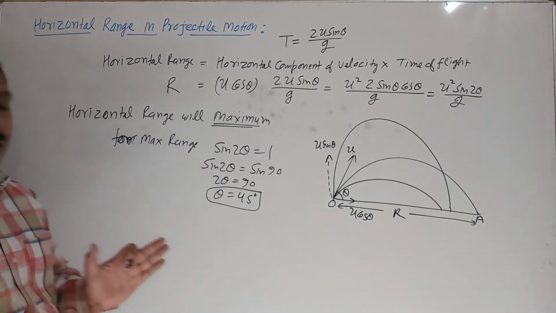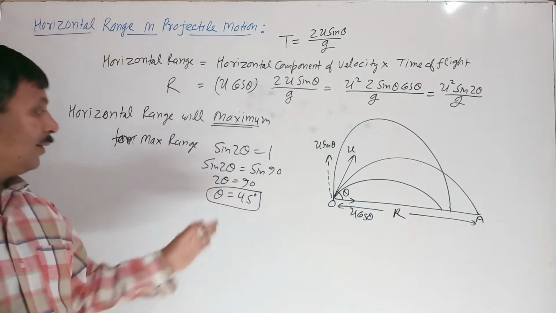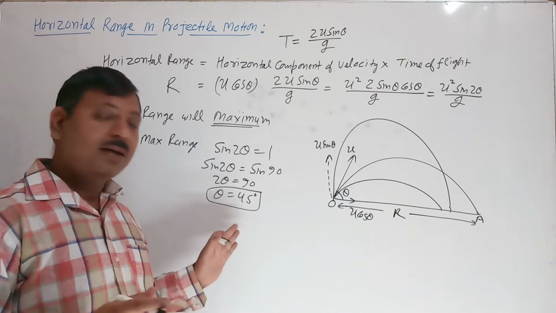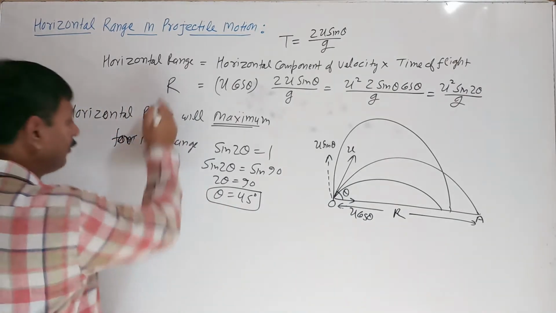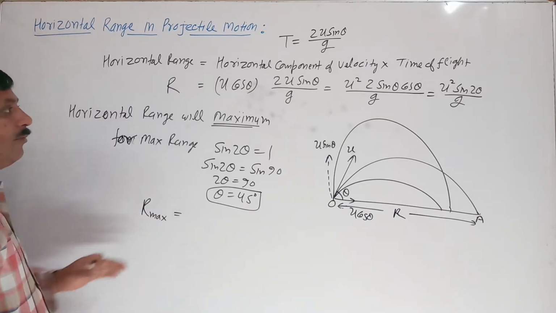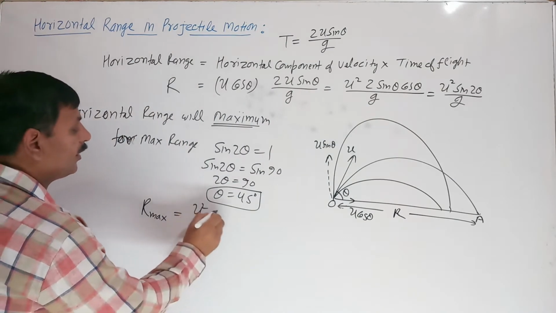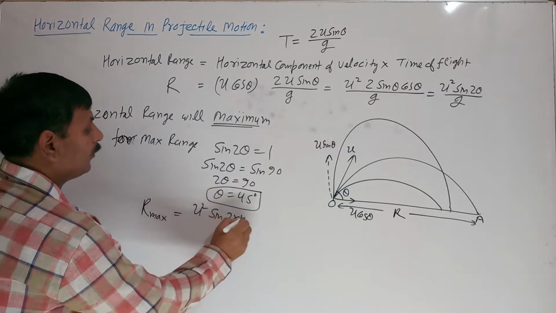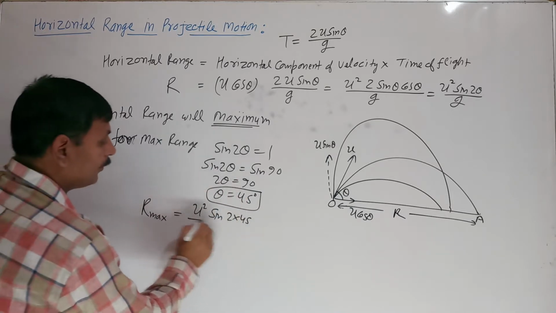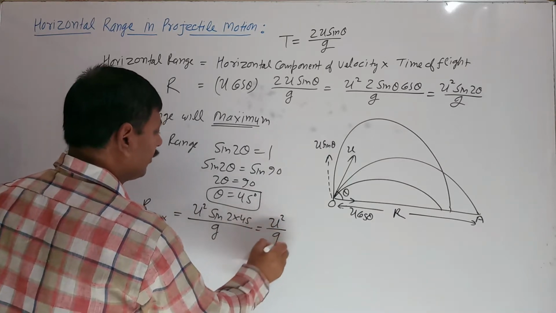So if you want to find the maximum range, with different angles taken, the range will be maximum when the angle of projection is 45 degree. And what will be the maximum value? R maximum will be u square sine 2 theta upon g with theta 45, that is sine 90, so it is u square upon g.